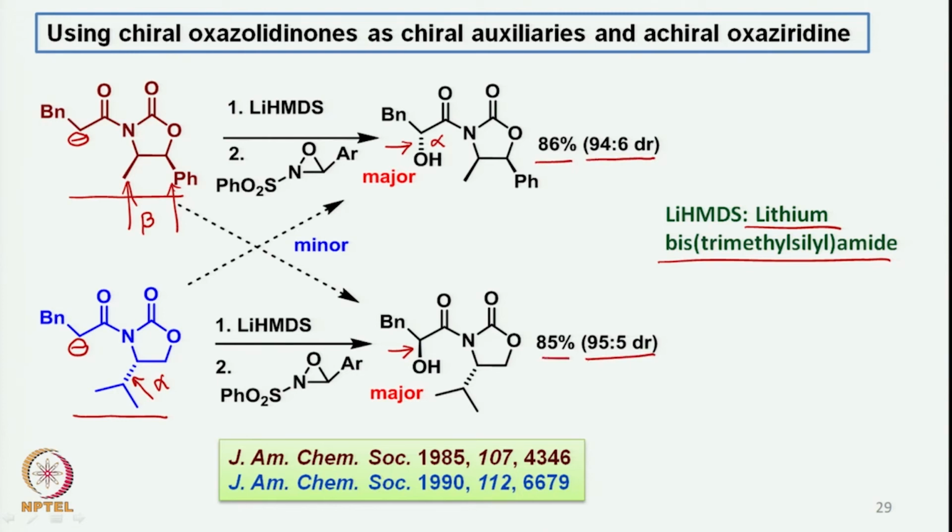Obviously this is the major product in both the cases, and the minor product from here will be this one, and from here the minor product will be this one. So we can control the reaction in such a fashion that we can get the major product depending on what kind of oxaziridinone we use.